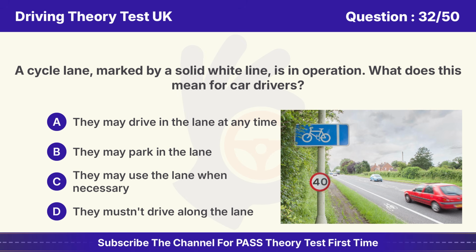Question 32. A cycle lane, marked by a solid white line, is in operation. What does this mean for car drivers? Answer is D. They mustn't drive along the lane.